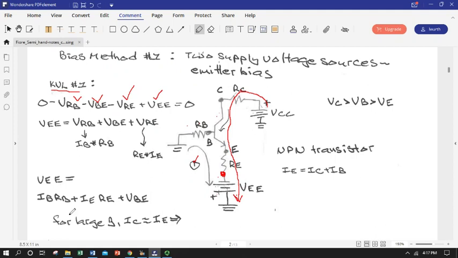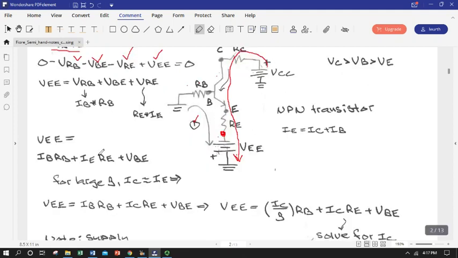So we can drop those in and have one big expression. So our emitter source voltage is going to be equal to the base current times base resistor plus emitter current times the emitter resistor plus base emitter junction. And for a large beta, we know that collector and emitter current are approximately equal. So we can put I sub C in for I sub E.